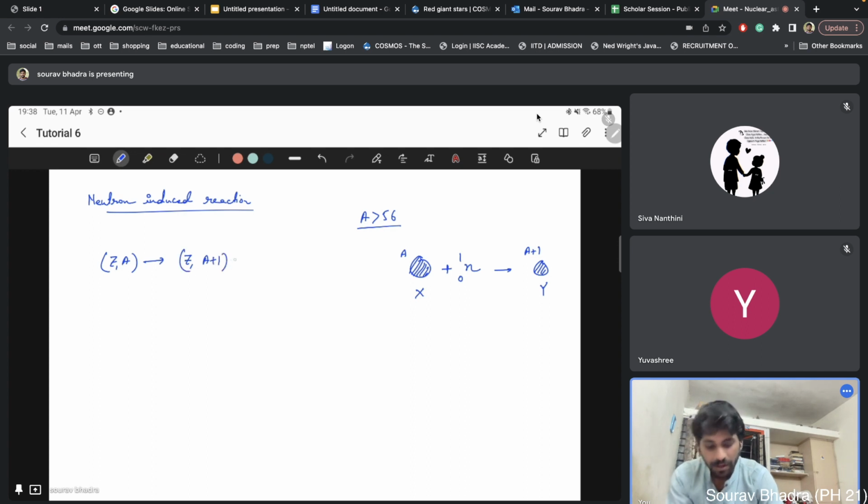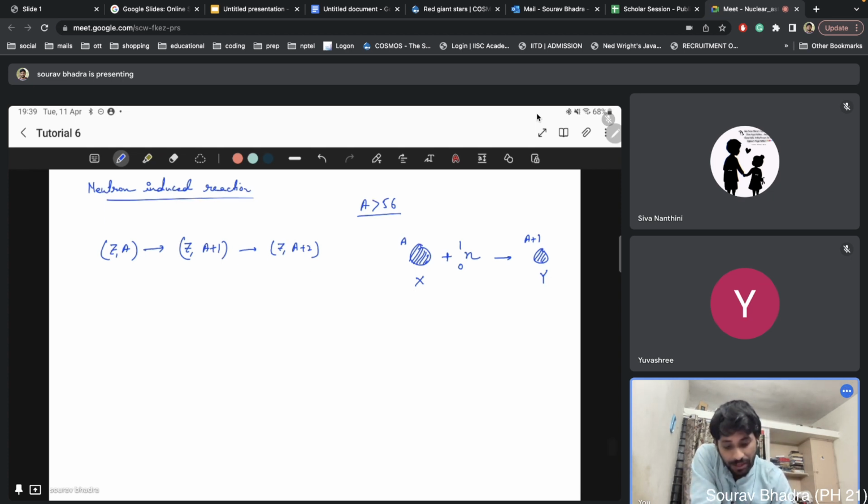So this type of reaction mainly occurs in the neutron induced reaction, but it can go even further, A plus 2, by successive steps. So in each step one mass number will be added. Okay, so this is similar to the proton equation, but in the proton equation the Z will also increase by 1, and the A will also increase by 1 as a result.